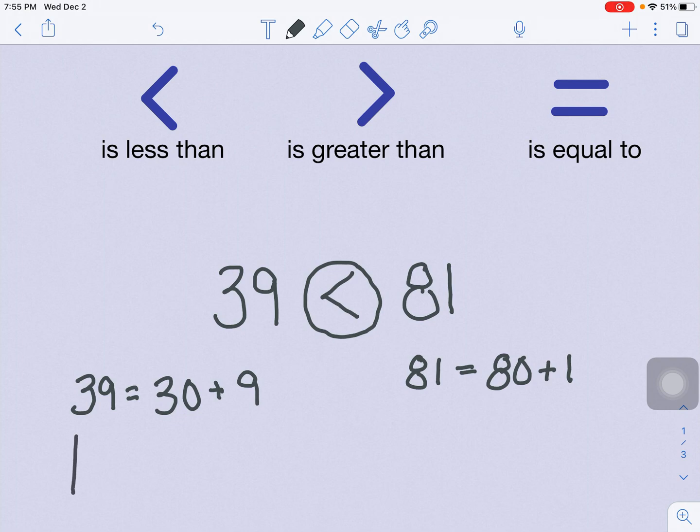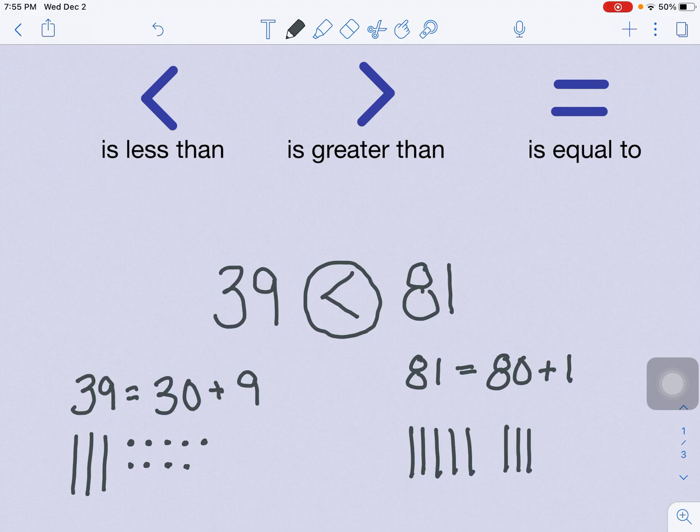So I would have 10, 20, 30, 31, 32, 33, 34, 35, 36, 37, 38, 39. Or over here, I would have 10, 20, 30, 40, 50, 60, 70, 80, and 1. And if I am looking at them, 3 tens are fewer than 8 tens. So 39 is less than 81.